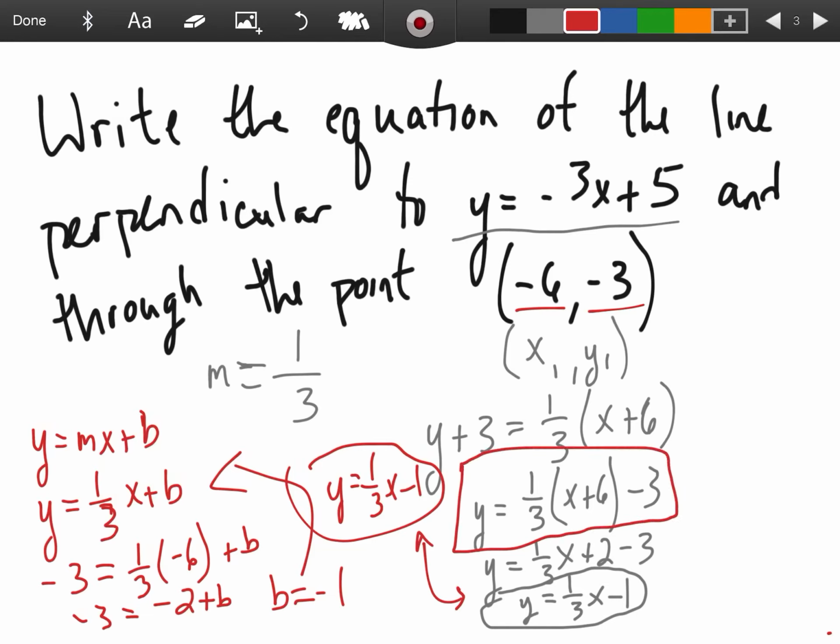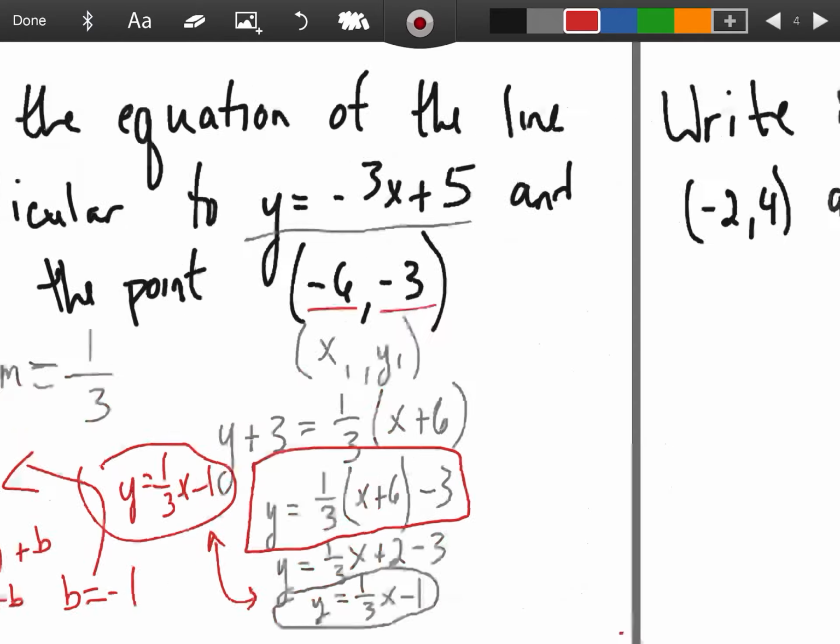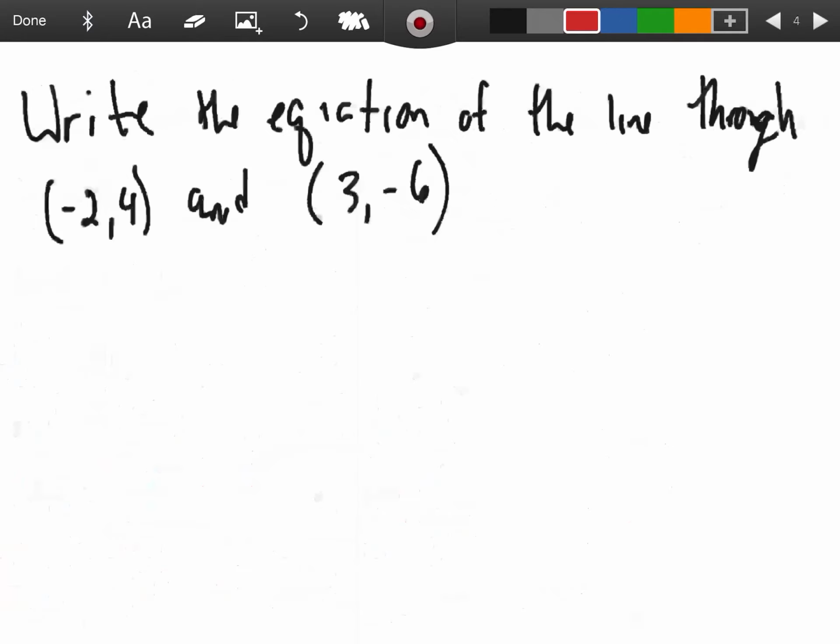It really matters if it's specified that it needs to be slope-intercept form, then obviously get it to slope-intercept form. All right, last one. Let's write the equation of the line through (-2, 4) and (3, -6). Well, I know that I need the slope and a point on that line, so let's get the slope.